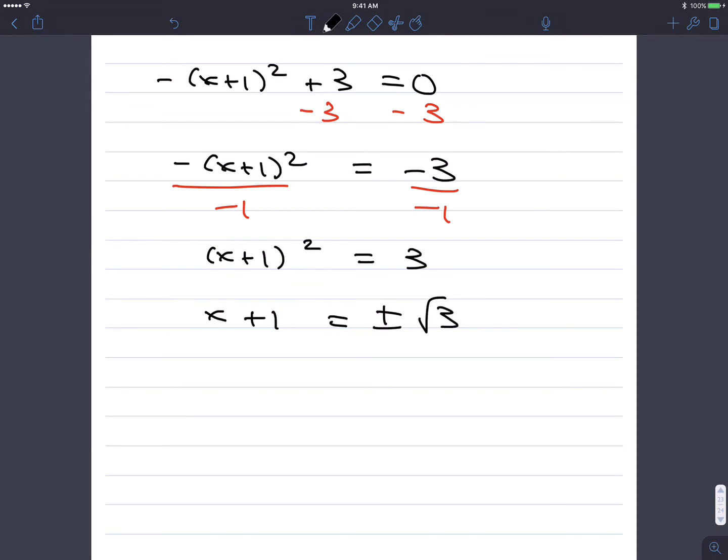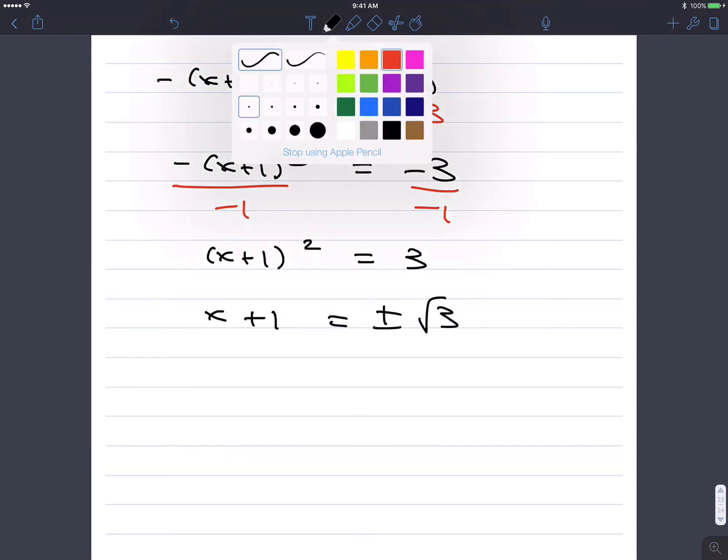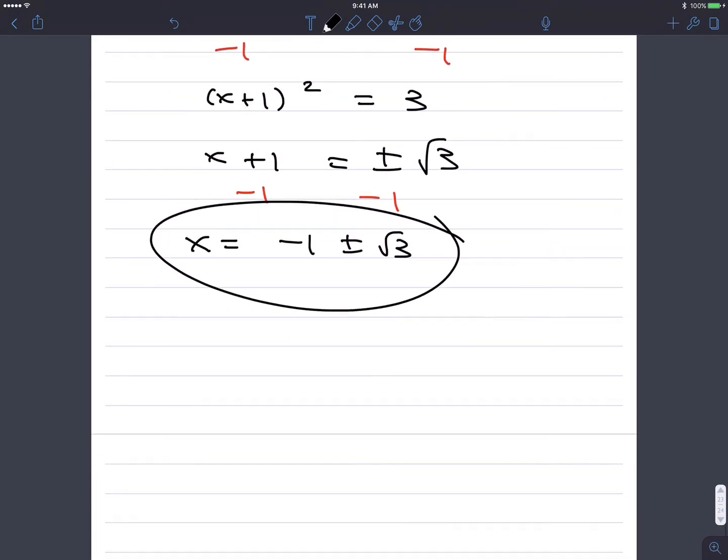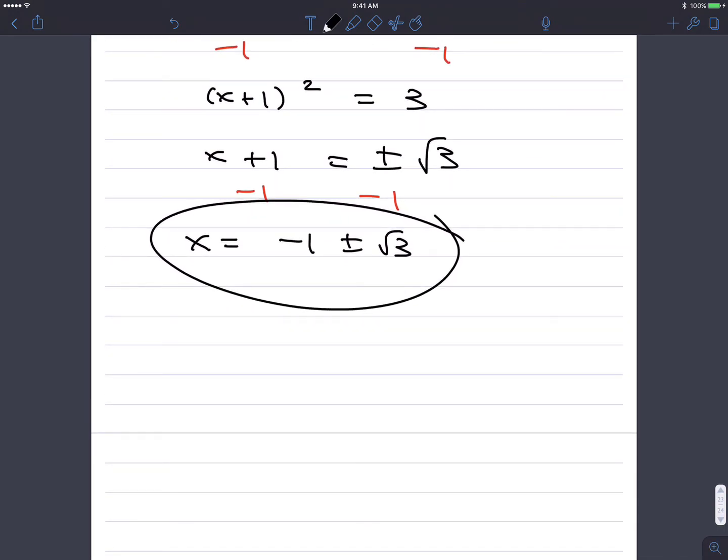X plus 1 without the square is plus or minus square root of 3. We're almost done. Just subtract 1 from both sides. X is negative 1 plus or minus square root of 3. Here's my irrational solutions, or my real value solutions. Solution set, negative 1 plus the square root of 3, negative 1 minus the square root of 3. And you're done. That is number 41, I think.